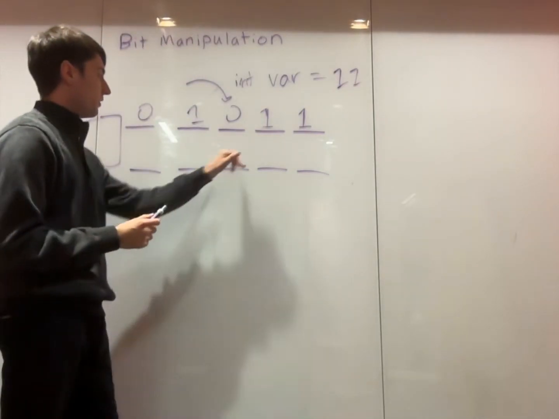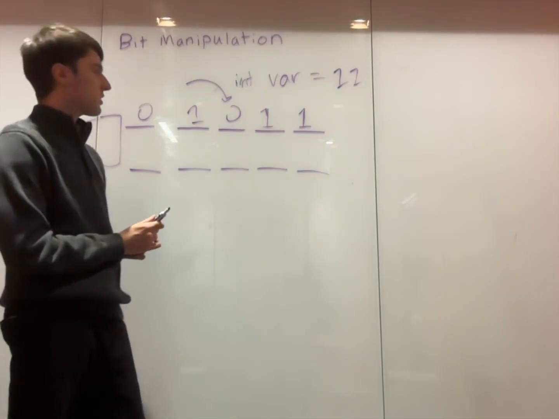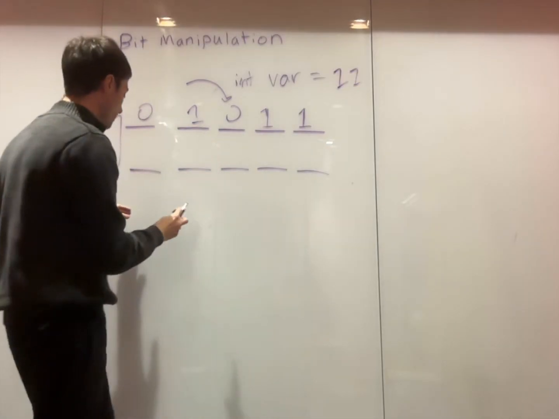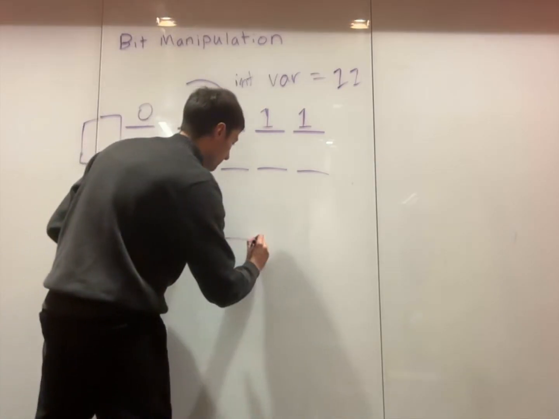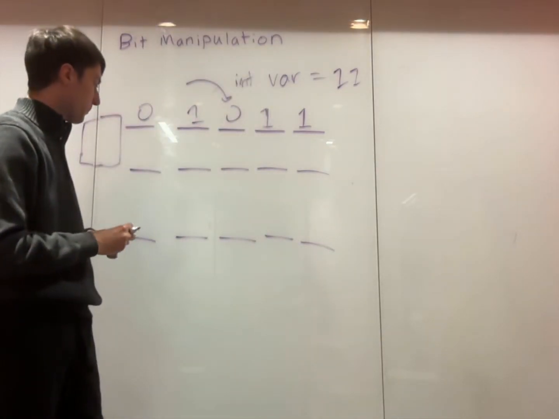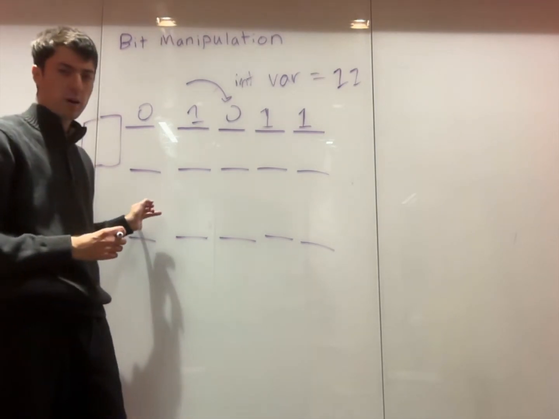I'm interested in this place right here. And what exactly do I want? So think about this. Here's our two operators, and now here's the result. I want this to be what?